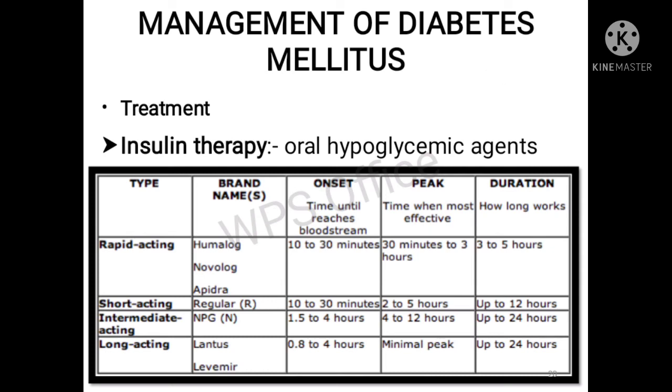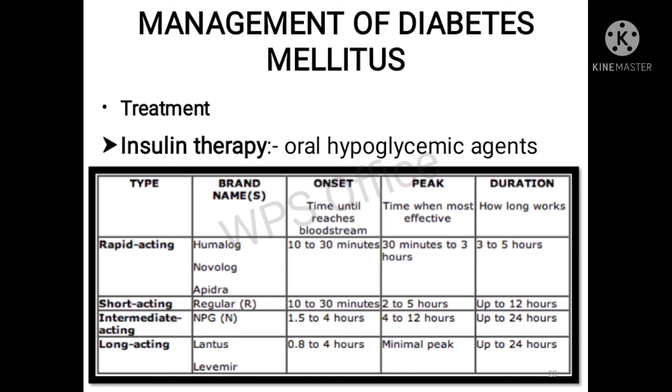Then management of diabetes. The first treatment is insulin therapy. Both oral and injection forms can be used. There are 4 types of insulin: the first one is rapid acting, then short acting, intermediate acting, and long acting.